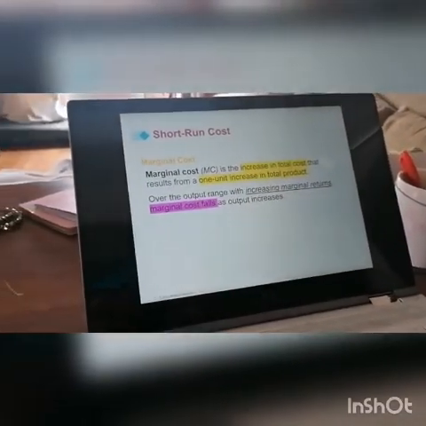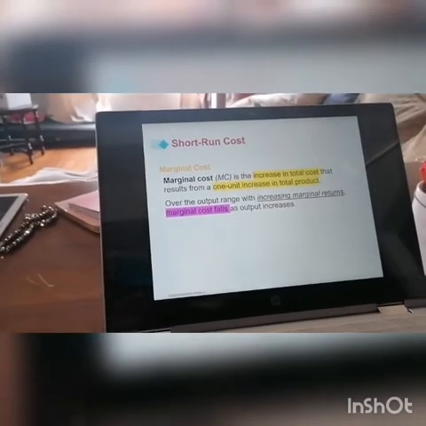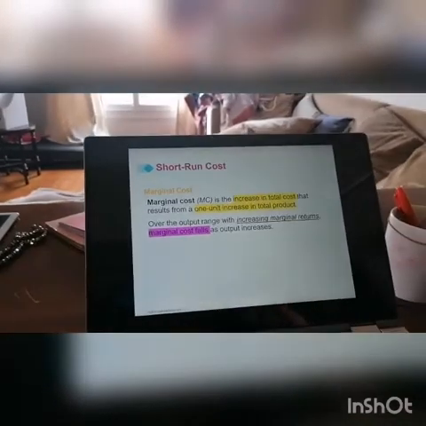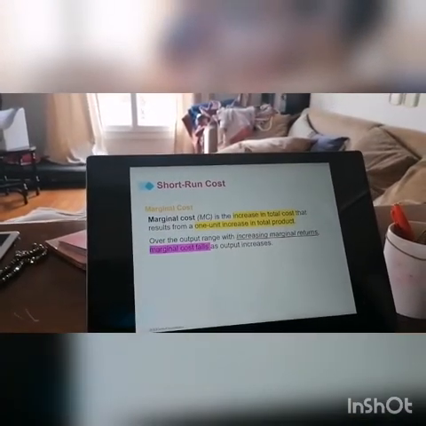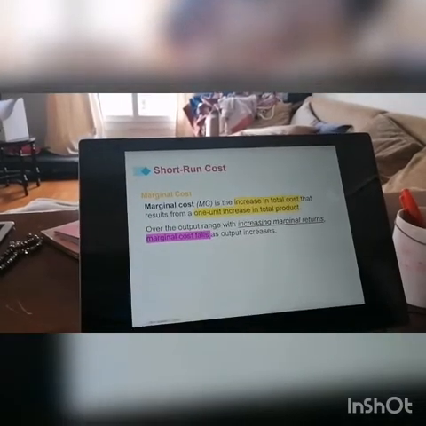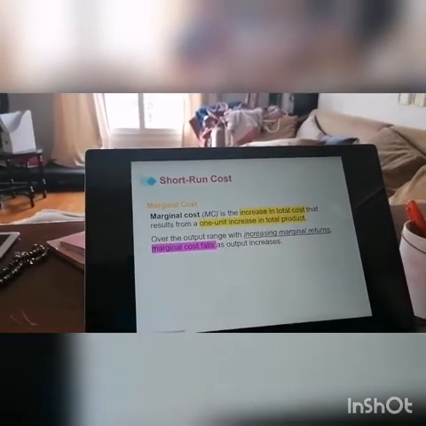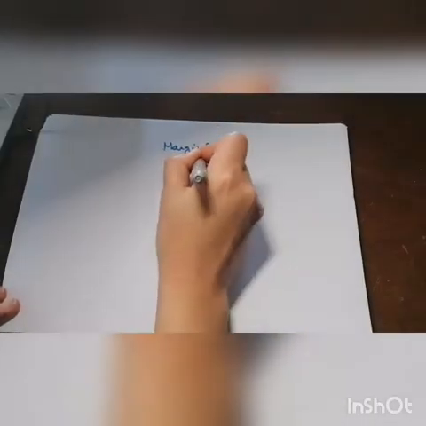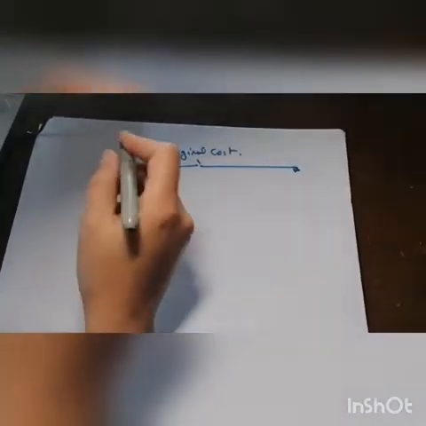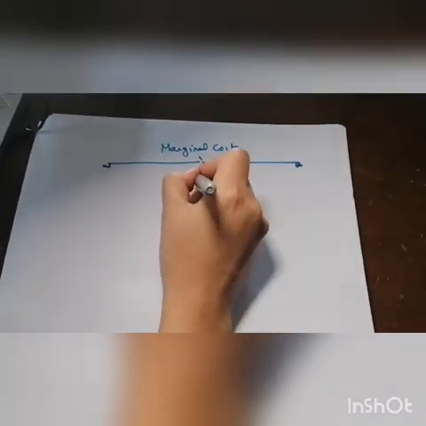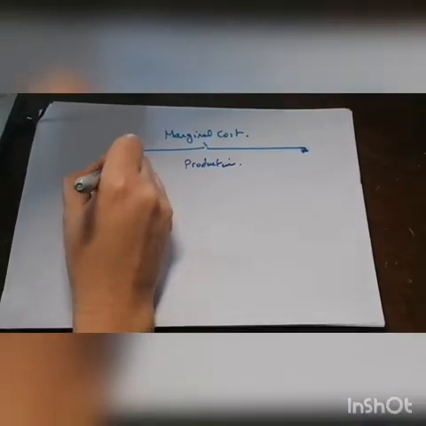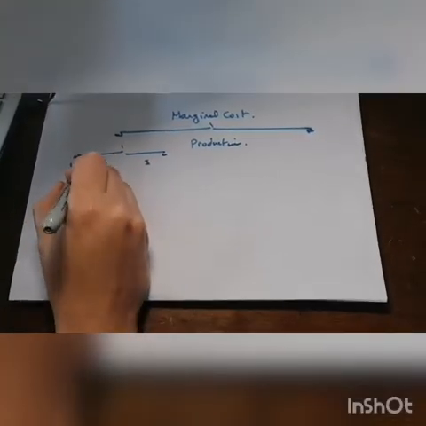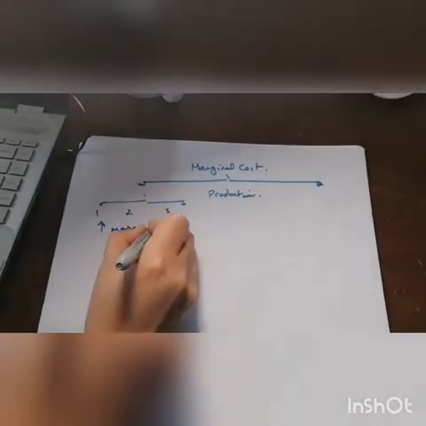Over the output range with increasing marginal returns, remember in production, we have first increasing marginal returns, then the law of diminishing marginal returns sets in. So we have, over marginal cost, we have, remember, the production, when you hire the first few units of labor, the first labor, second labor, third labor, here we have increasing marginal returns.